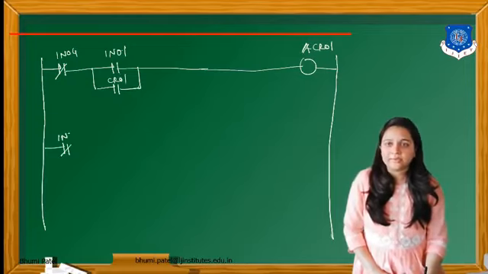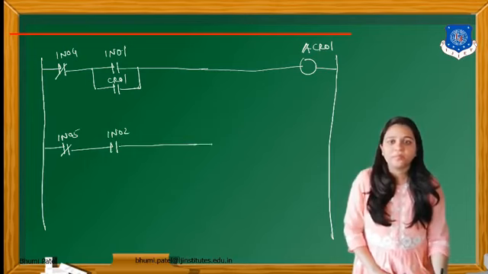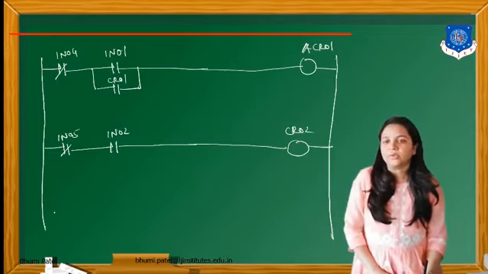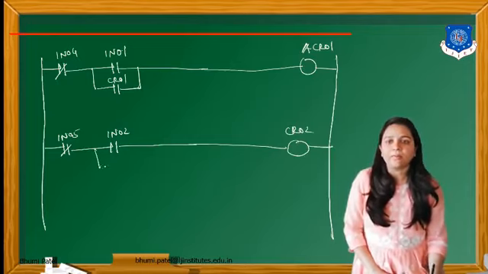IN05 is the stop button for machine B. IN02 is the start button for machine B, and CR02 is the output of machine B, and we can put the parallel connection CR02 with the input switch.